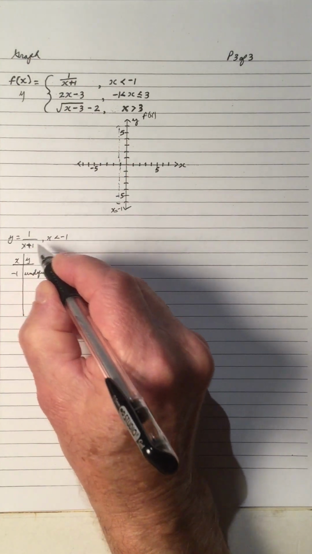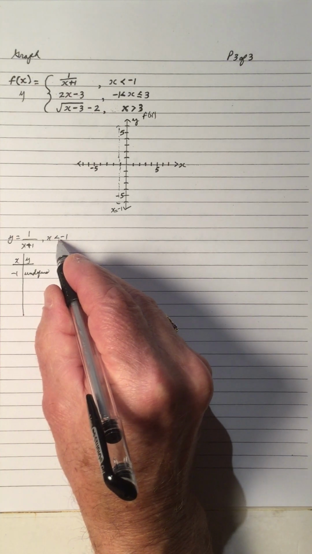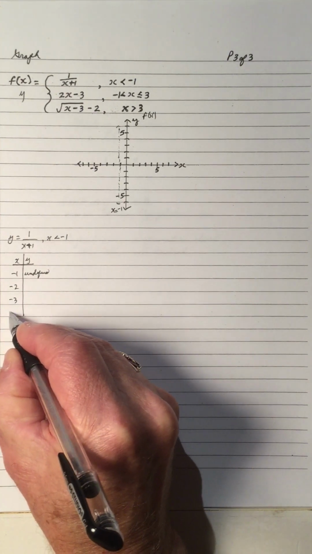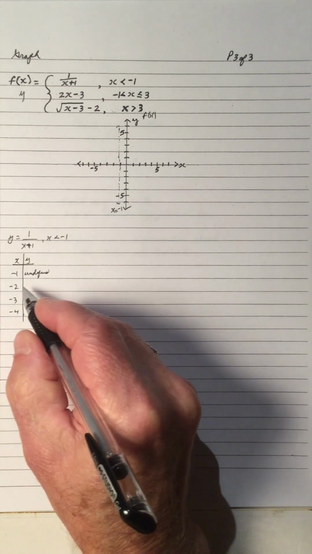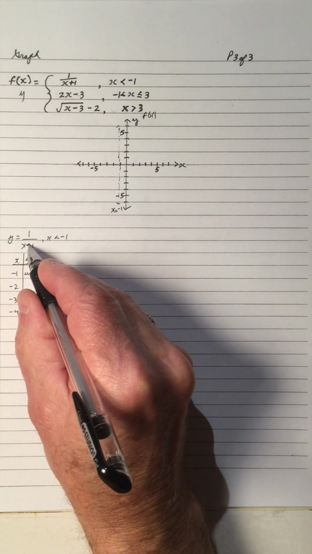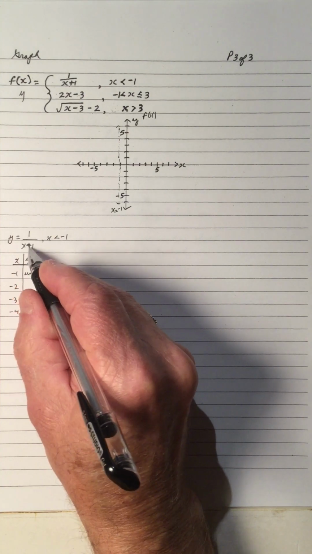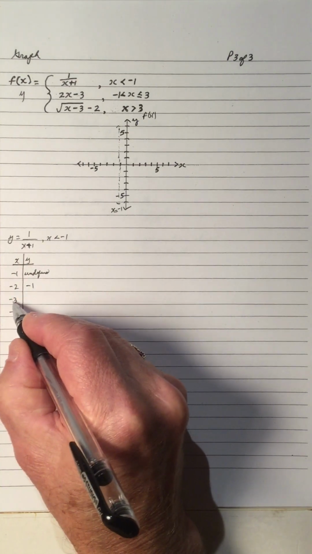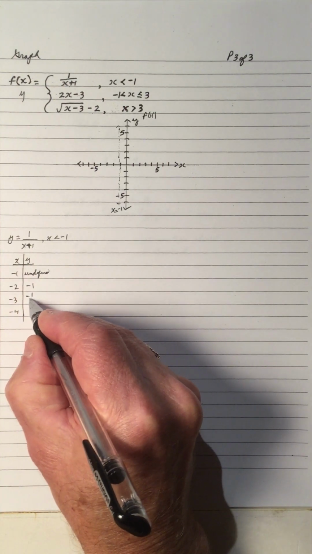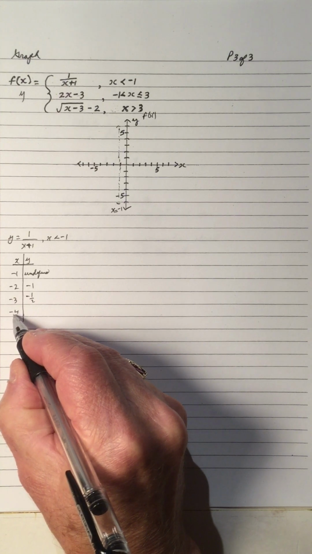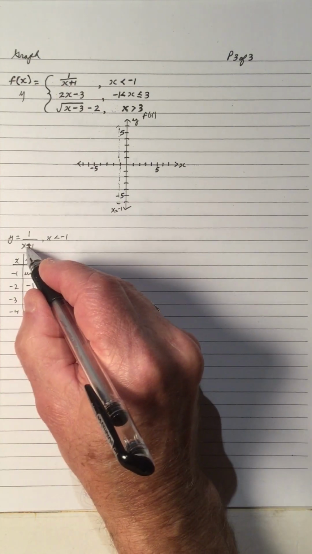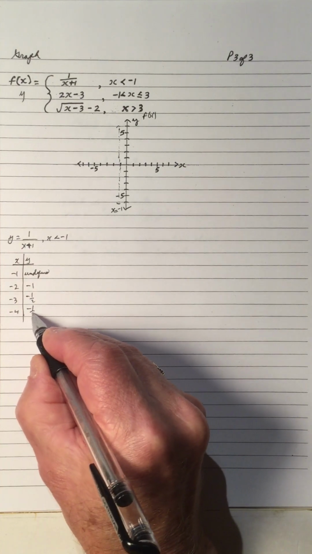Now, what happens when x is less than -1, say -2, -3, -4, and so on. We take -2 and put it in here, and we get -1, so 1 over -1 is -1. Put a -3 in here, we get -2, so we get -1/2. And -4 gives me -1/3.